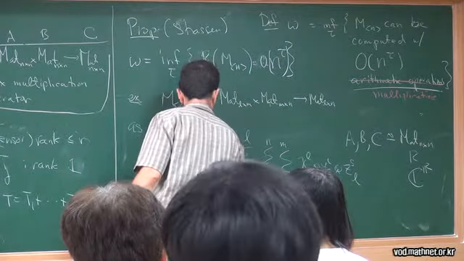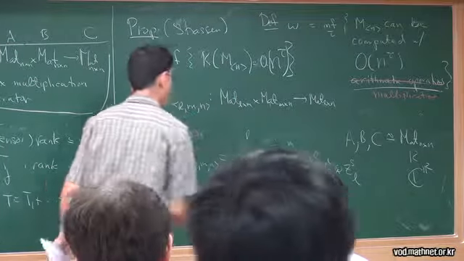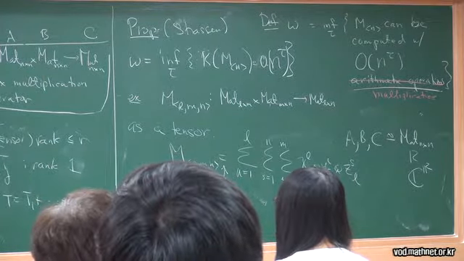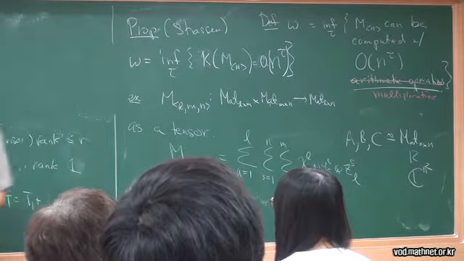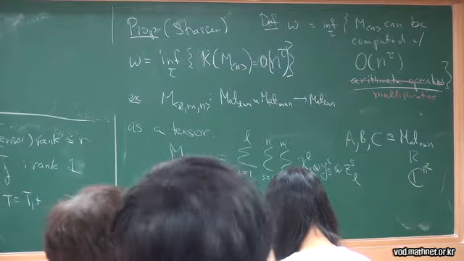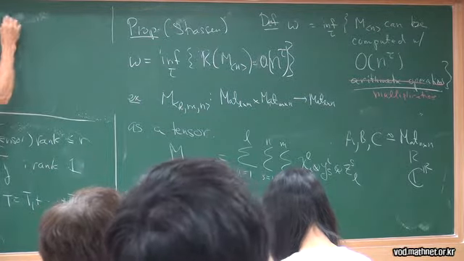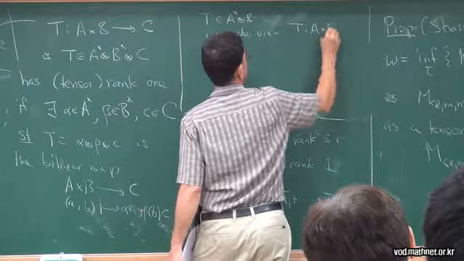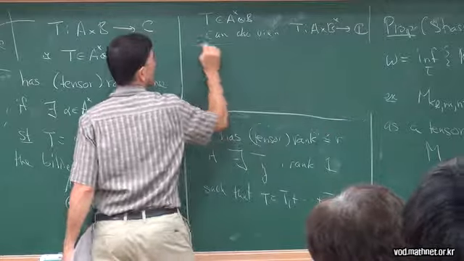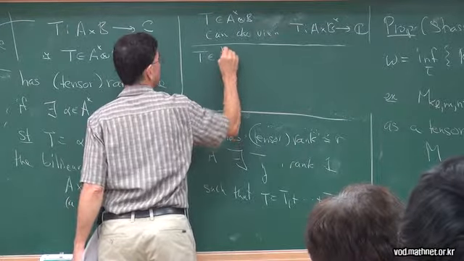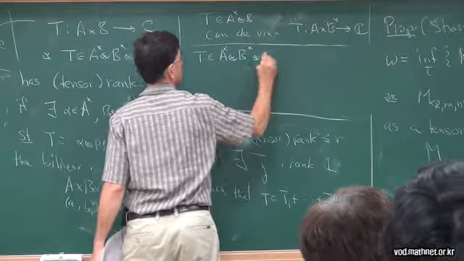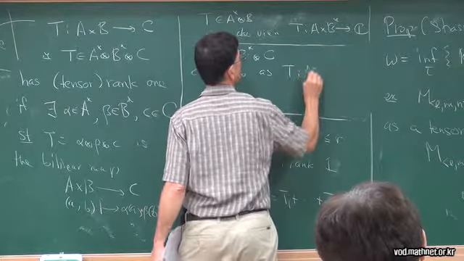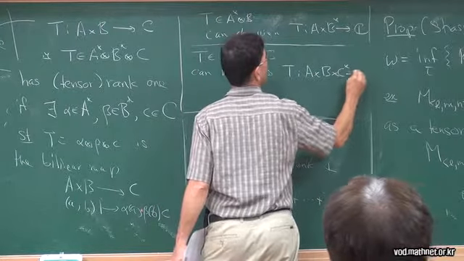So here's an exercise. But maybe for this exercise, I should have made one remark, that this bilinear map I could also view, well, first of all, if I have T in A star tensor B, can also view as a map from A cross B star to our ground field, complex numbers, and similarly, T inside A star tensor B star tensor C, I could view this as A cross B cross C star to our ground field.